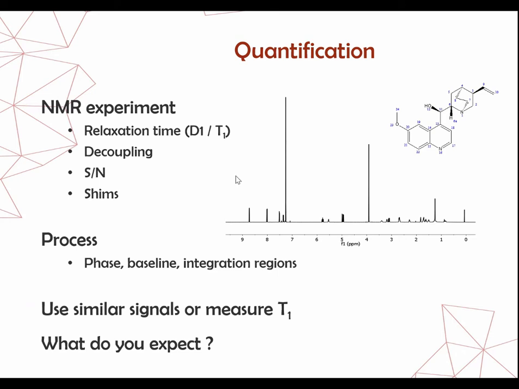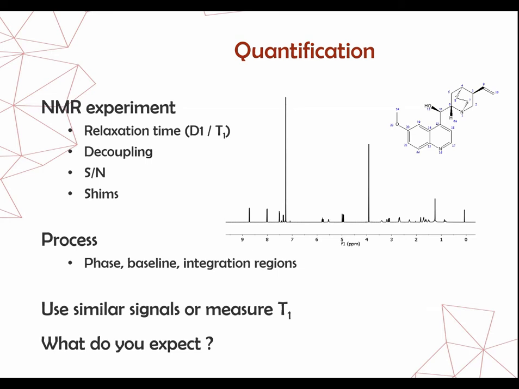So, for example, two methoxys or two aromatic protons, but signals that would be in the same place in the molecules. If you can't do that, because maybe signals are overlapped or something, if you want to be sure to be quantitative, you will have to ask for a T1 measurement so that you can be in quantitative conditions.